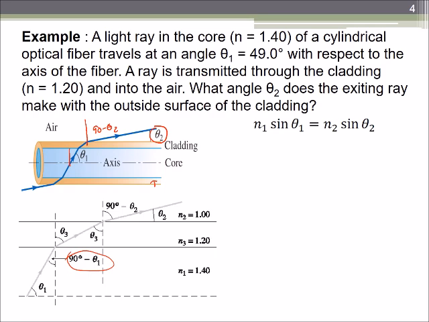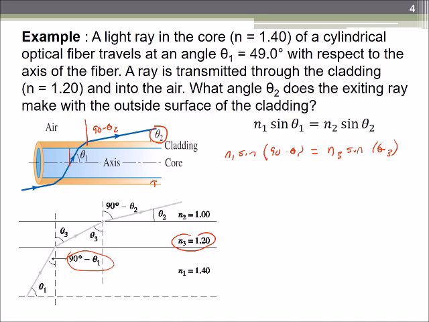So we have to deal with this intermediate material, so the actual equation we're going to use is n1 times sine of 90 minus theta 1, based on how the angles are defined here, is equal to n3. You'll see why in a minute. We'll call that n3 times the sine of theta 3, and theta 3 is measured correctly.